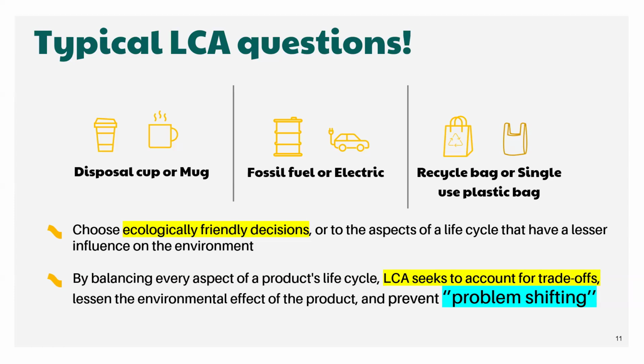So what do I mean by that? It helps you to avoid problem shifting. I'll give you a classical example. You can see a disposable cup and a mug here. When it comes to environmental preference, the mug is a clearly superior choice due to its longer lifespan compared to the disposable cup.